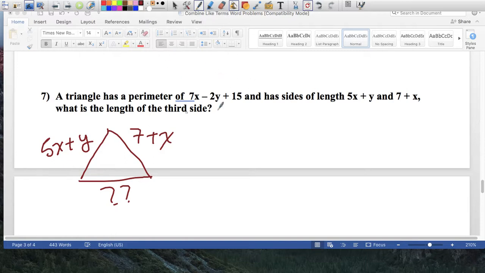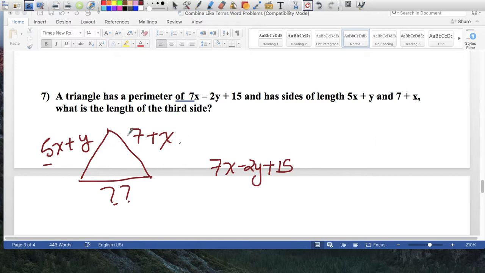But I know that if I add all these sides, the total is 7x minus 2y plus 15. Now I'm going to erase that because I'm not going to have room. So the total is 7x minus 2y plus 15. So I know what the total is.